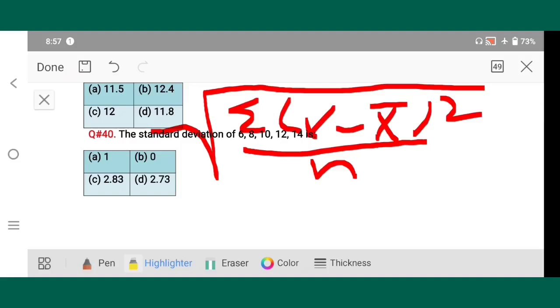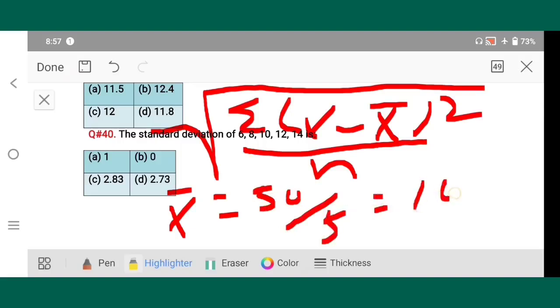First you will find the mean: 6 plus 8 is 14, 14 plus 10 is 24, 24 plus 12 gives 36, 36 plus 14 gives 50. So 50 divided by 5 gives 10. So here the mean is 10.